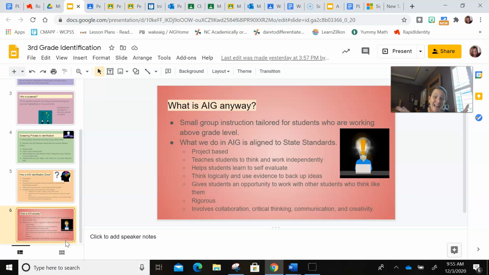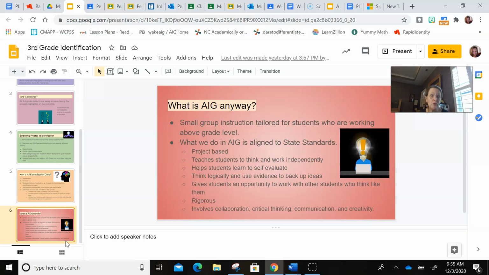So what is AIG anyway? AIG is a small group instruction tailored for students who are working above grade level. What we do in AIG is always aligned to state standards. It is project-based. It teaches students to think and work independently.